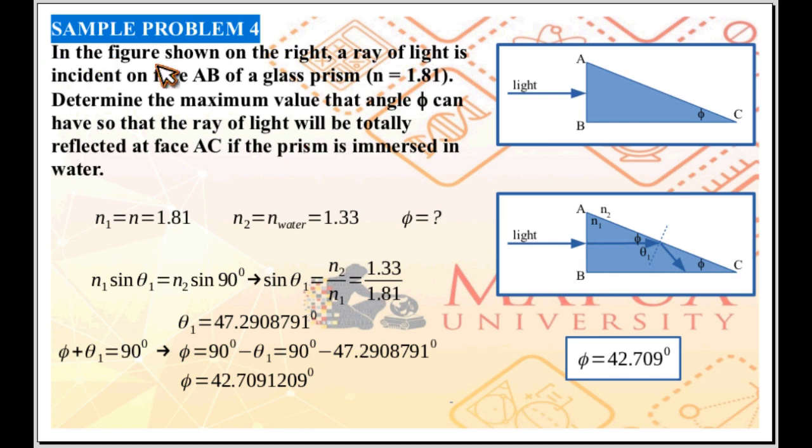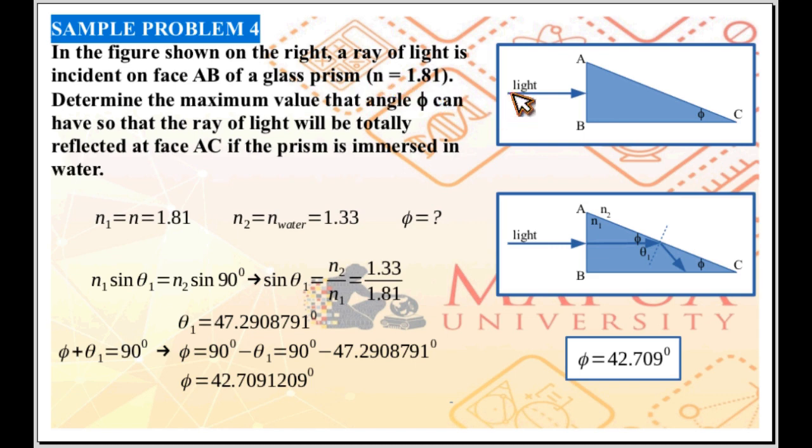In the figure shown on the right, a ray of light is incident on face AB of a glass prism. Index of refraction of glass given 1.81.